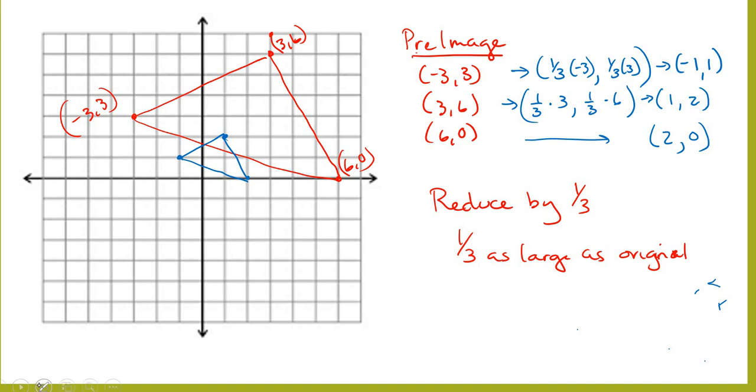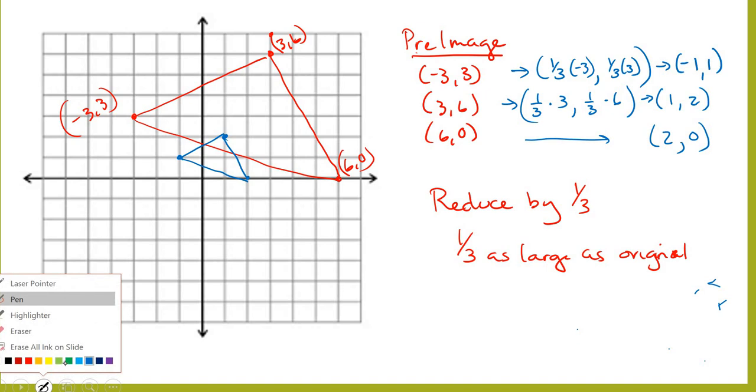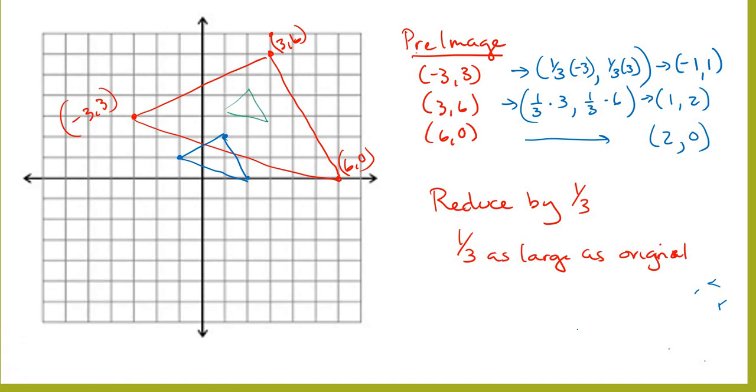Everything comes closer to the origin when it shrinks. Notice that we're not shrinking it up in the middle here somewhere. We are shrinking it down and making it closer to the origin and smaller in size. So again, our general rule here for dilations, which can be bigger or smaller, is some number times x, the same number times y.